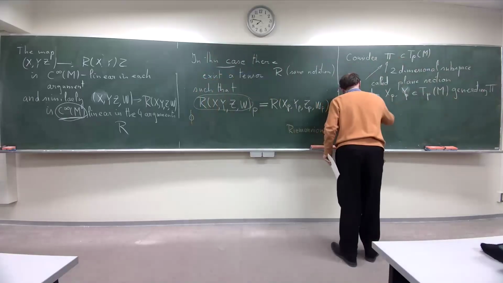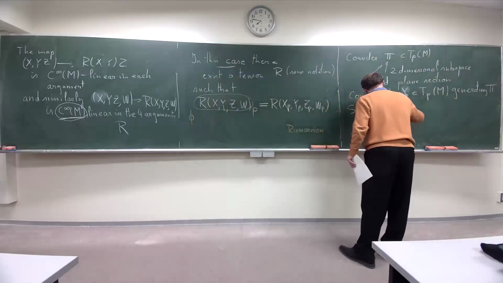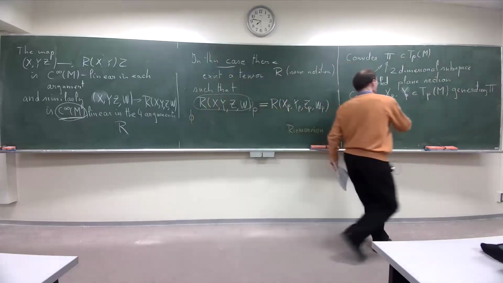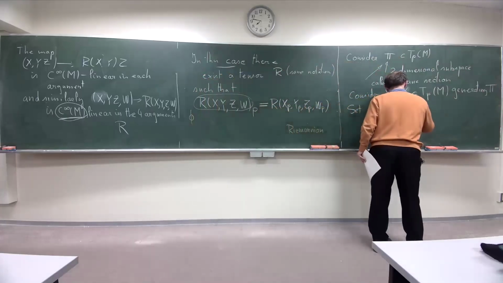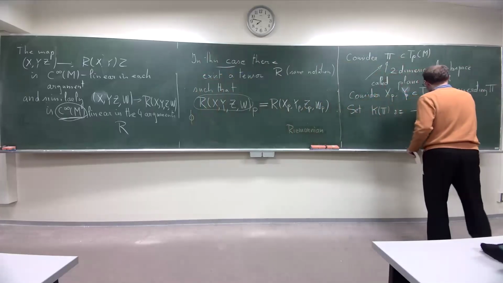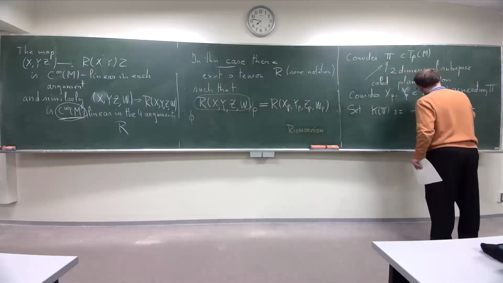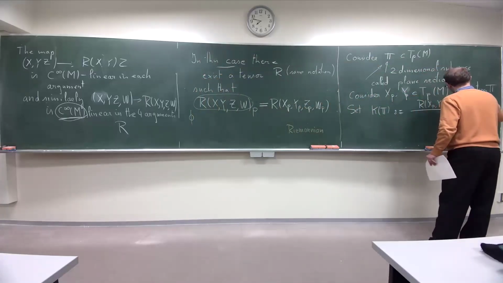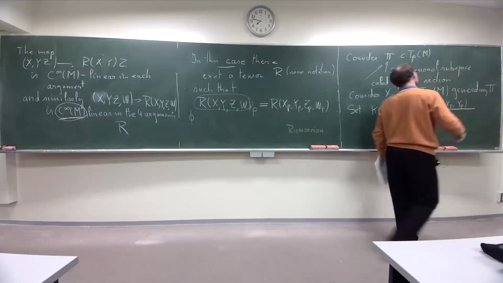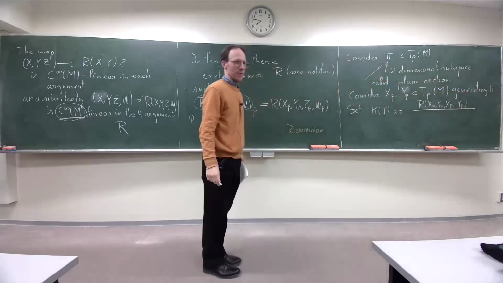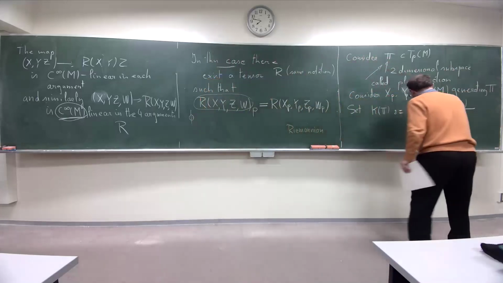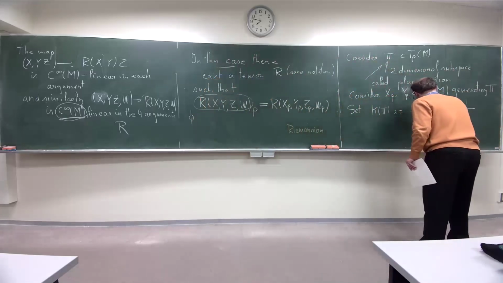And I define something, K of pi, and it already tells you something. Define this R of xp, yp, xp, yp. Yes, the order is important. So xp, yp, xp, yp, and I divide by phi p of xp, xp.